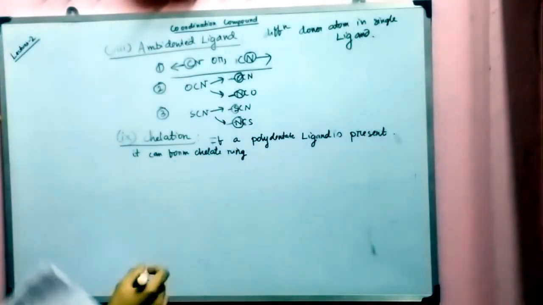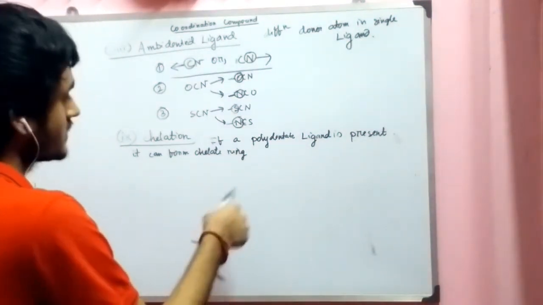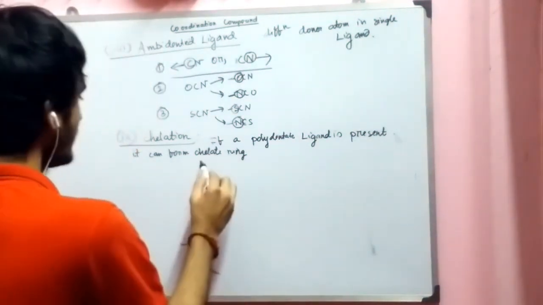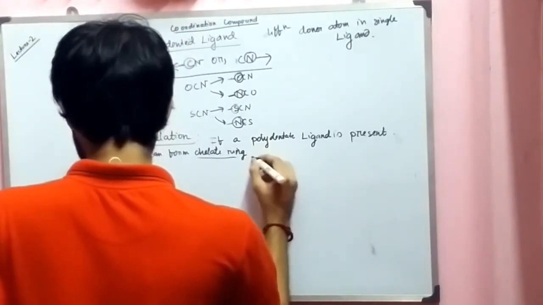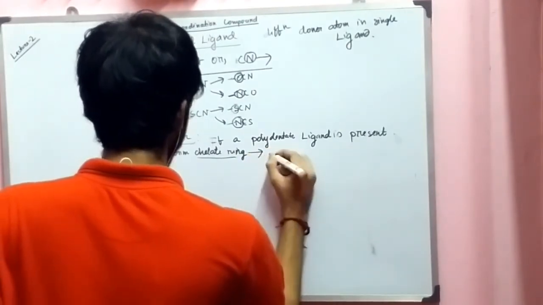The ring which is formed by the ligand with the central atom is known as a chelate ring. This phenomenon is known as chelation.